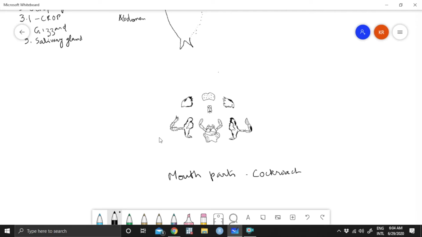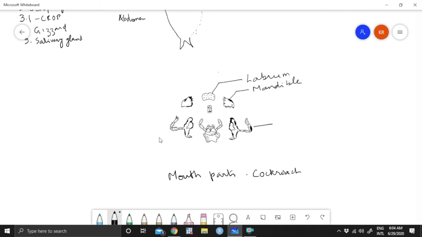So what are these parts? This part here is labrum or upper lip. This part is mandible, like a tooth. You can see this part as well as this one.